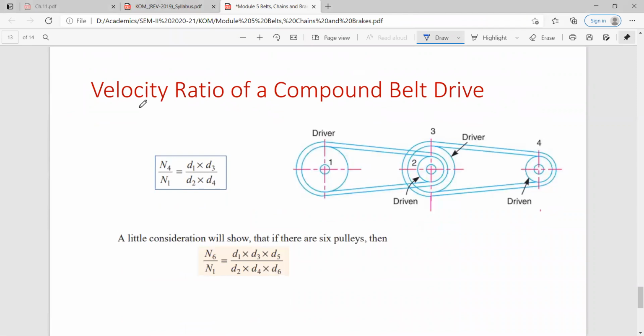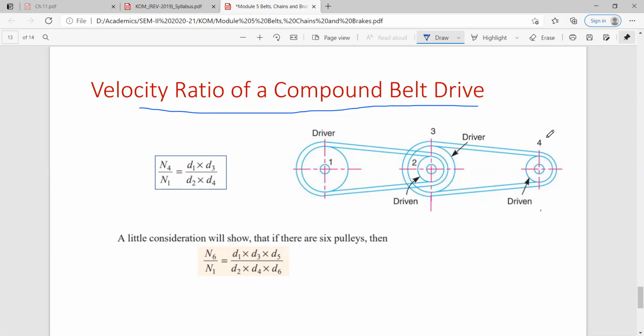Now let us see the velocity ratio of a compound belt drive. Okay, so in the case of a compound belt drive, this formula gets modified. Now the velocity ratio is based on the speed of the final driven pulley. The final driven pulley is here. You are transmitting power from 1 to 4.